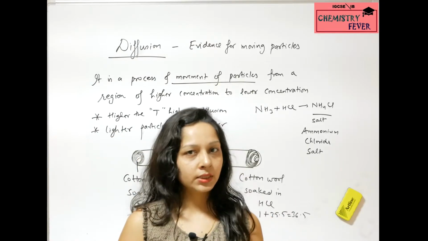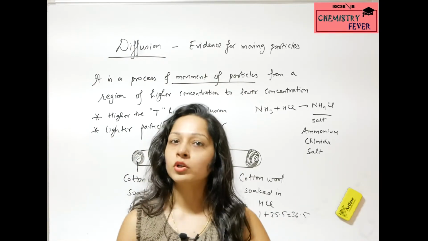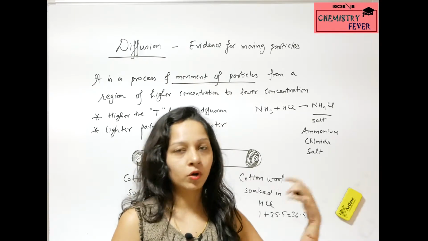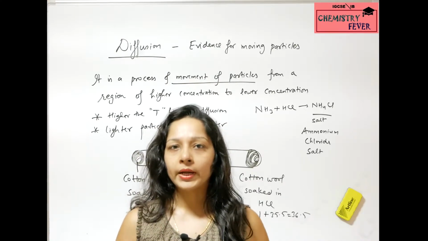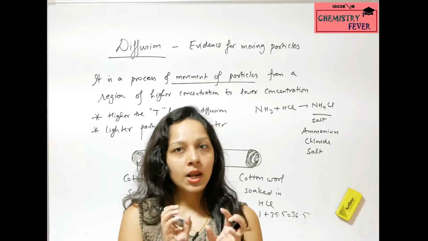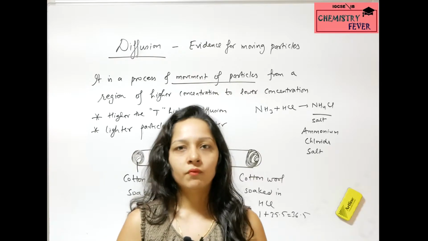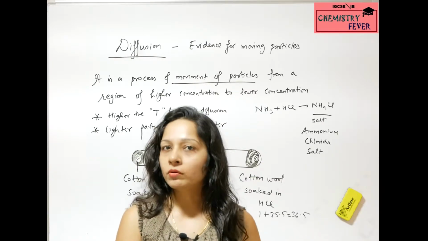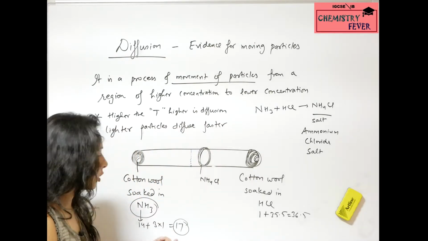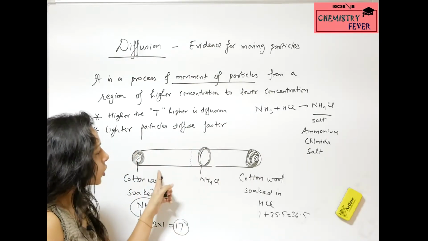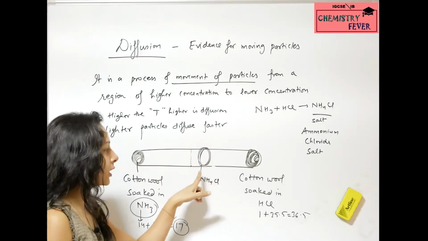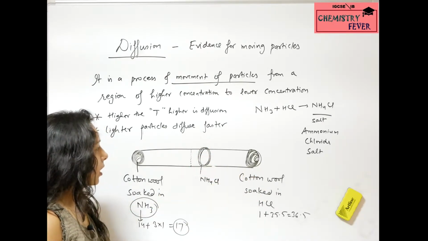The reason behind it is, first of all, why is it happening? Because of diffusion. Second, why is it closer to HCl? Because it depends upon the size as well as the mass. So lighter particles will diffuse faster, right? Now we know that ammonia particles are lighter because we have calculated their mass already in terms of atomic mass, so they will diffuse faster and you will get a ring of ammonium chloride closer to HCl, right?